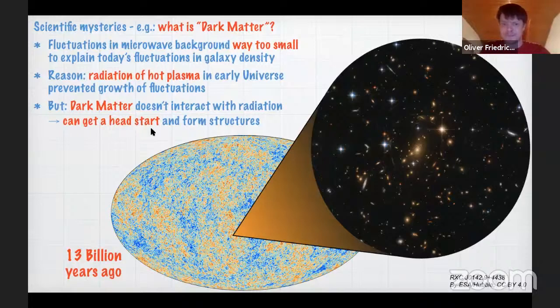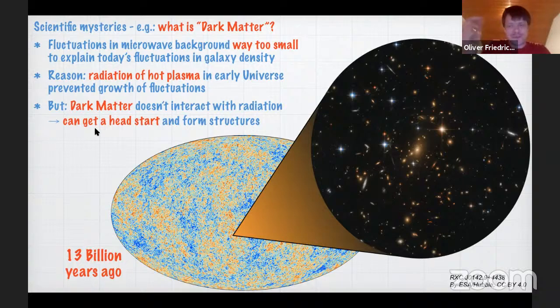This means that it doesn't feel the pressure of the plasma, and dark matter perturbations can actually collapse. This way they can, if you will, get a head start on the plasma and already start to form fluctuations.